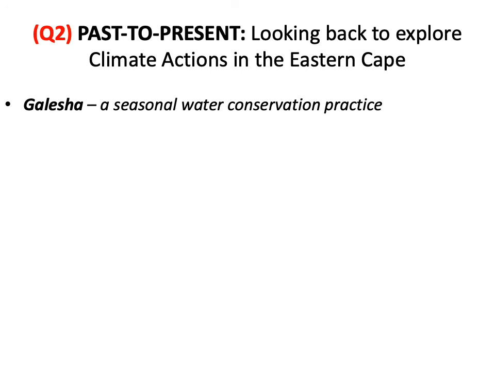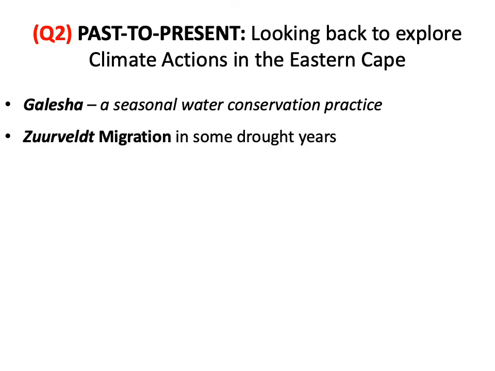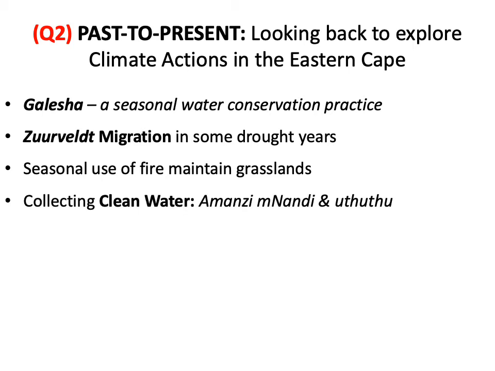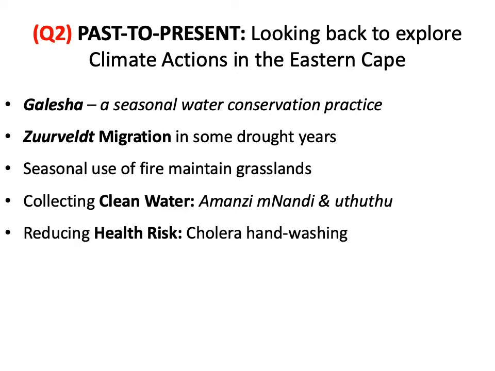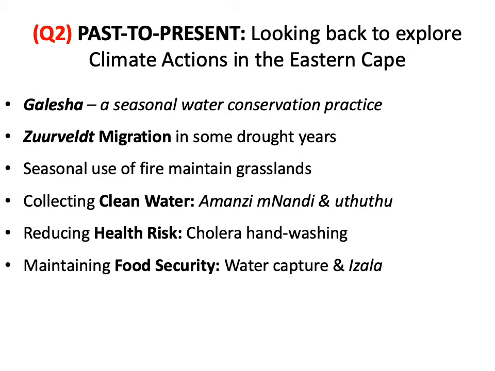So we could go back to Galicia, we could look at the Zuurveld migrations, and then we could go more deeply into the seasonal use of fire to maintain grasslands, the collecting of clean water, amanzi amnandi, and using ututu, the reducing of health risk with cholera, that was part of that history as well, and the washing of hands, which would be relevant to the COVID conditions that we're in at the moment, protecting people in their homes by hand washing when they left home and when they came home and when visitors came.